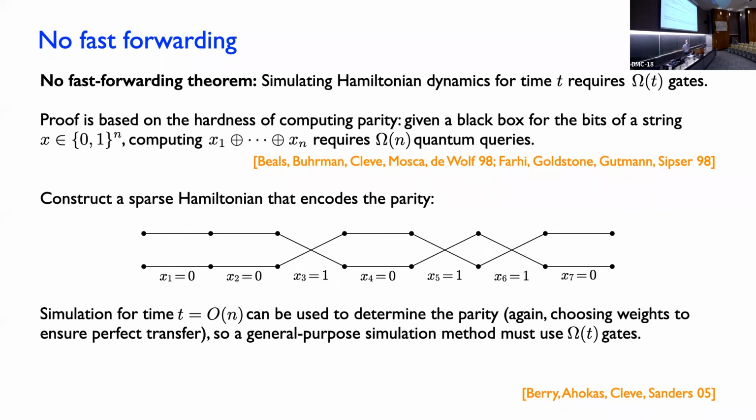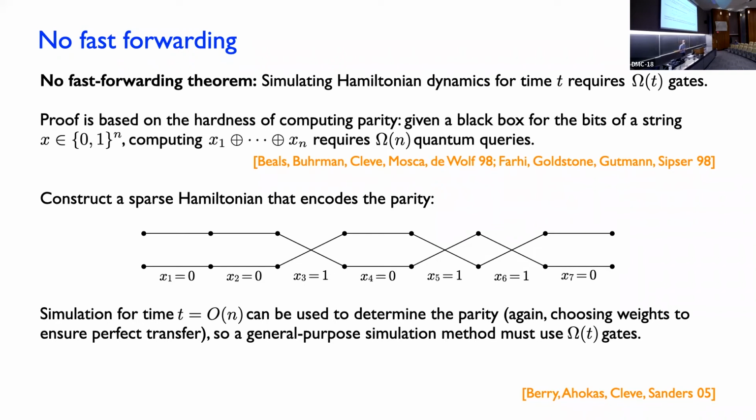then it must be that if you give an algorithm to simulate the dynamics of this Hamiltonian that characterizes evolution on this graph, you need to use a number of gates. If you want to evolve for time n, you're going to need a number of gates that grows at least like n.